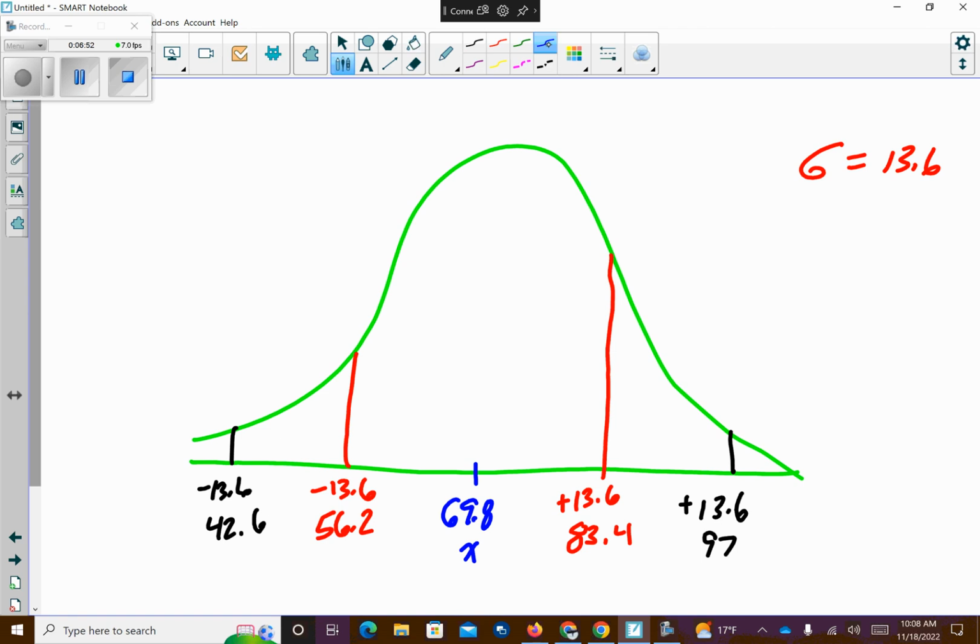Out to a third standard deviation, adding another 13.6 takes me to 110.6, and subtracting another 13.6 drops me down to 29. So according to this rule, 68% of our test scores should lie between 56 and 83.4.